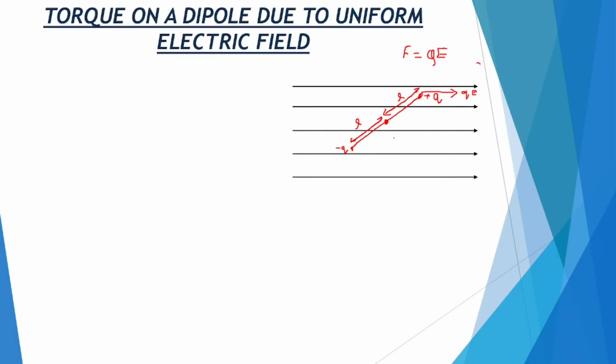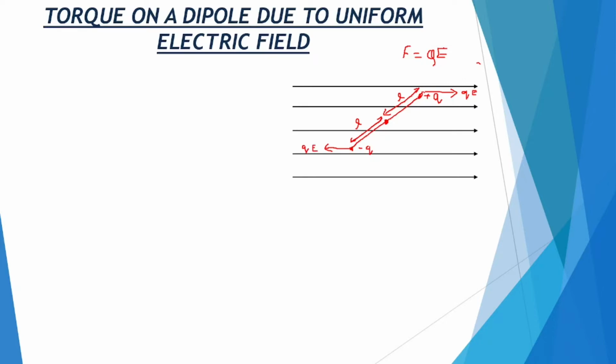And on the negative charge, the direction of force will be opposite to the direction of the electric field, so in this direction. And the magnitude of our force is qE.